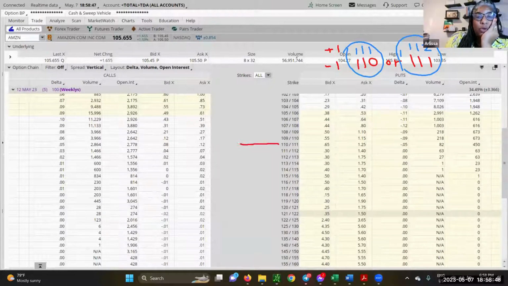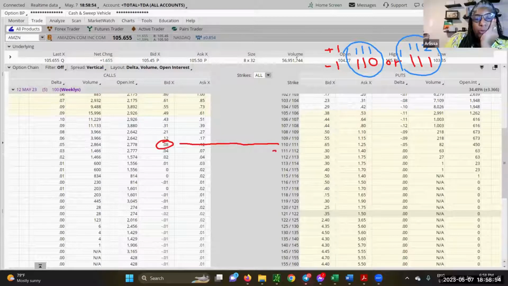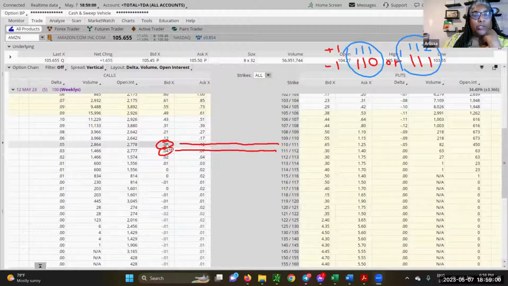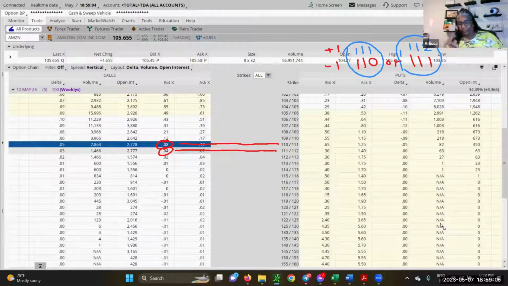110, 111, we're going on the call side, $8. Or 111, 112, $4. So then you have to ask yourself, it actually says $10 once we pick the button. How much money are you leveraging?